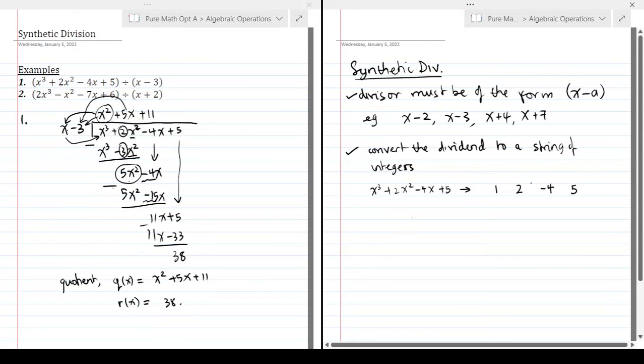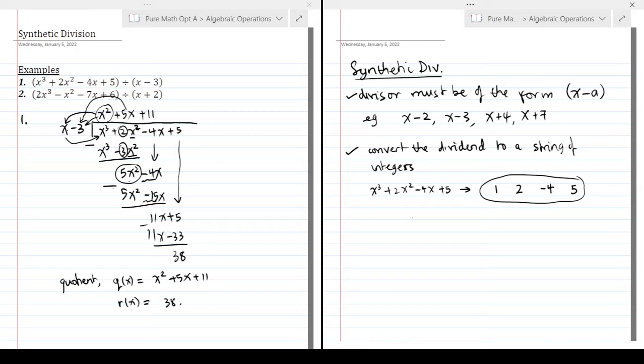So I've converted that polynomial into just a string of integers. Because I have 4 of them, it has to mean a cubic polynomial, because a cubic polynomial has 4 coefficients: coefficient of x cubed, coefficient of x squared, coefficient of x, and a constant, right?